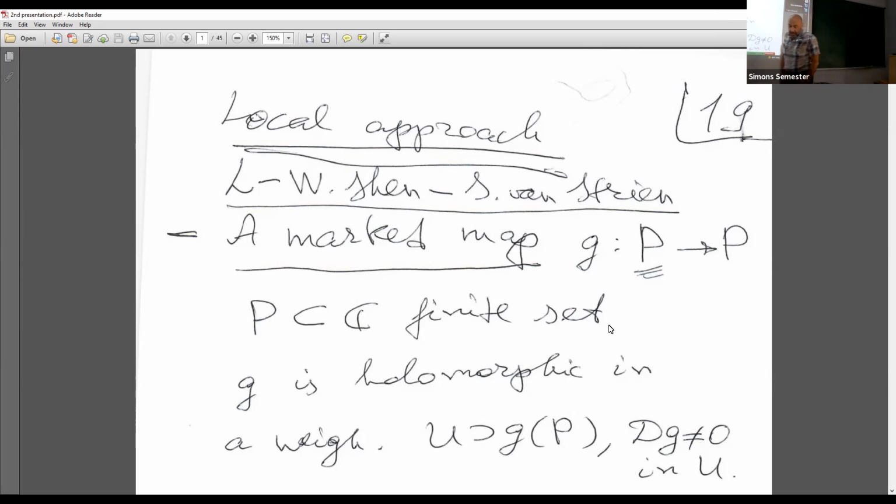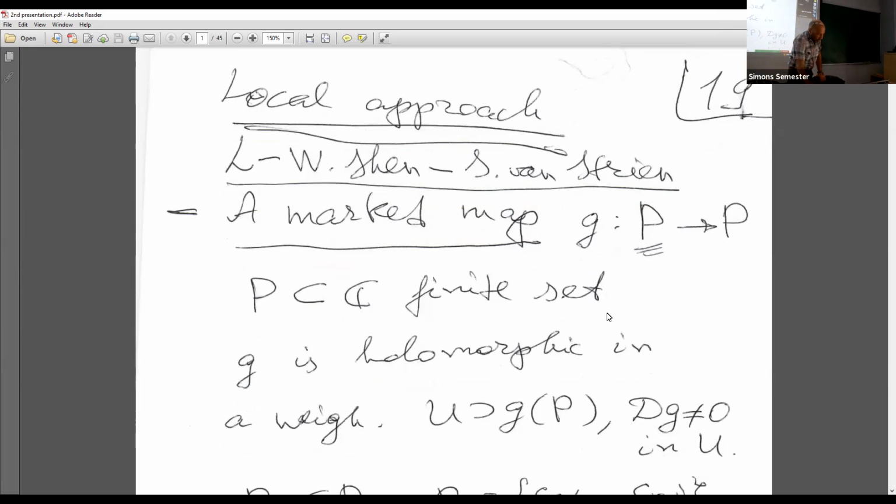Of course, it is not available at all in our local situation, so that proof completely breaks down. So let me remind very briefly what is the setup that we consider.